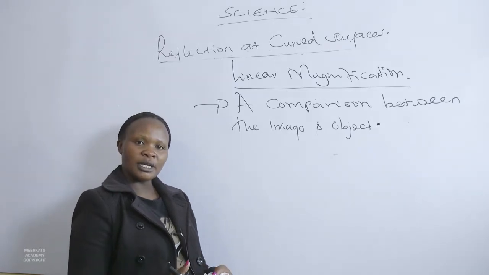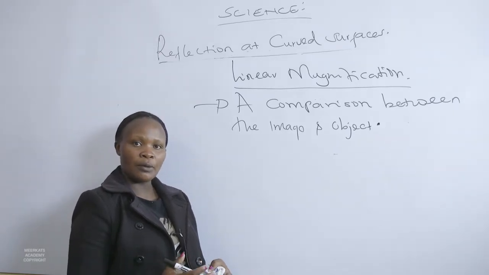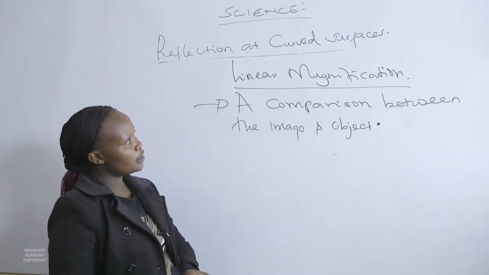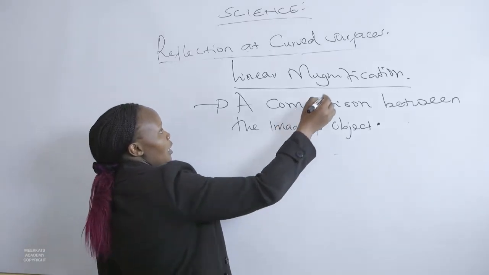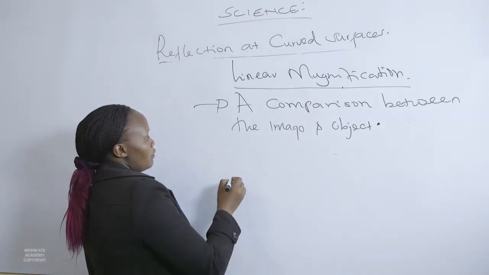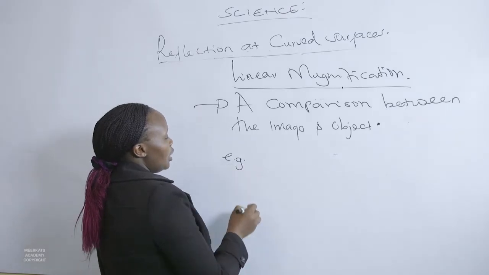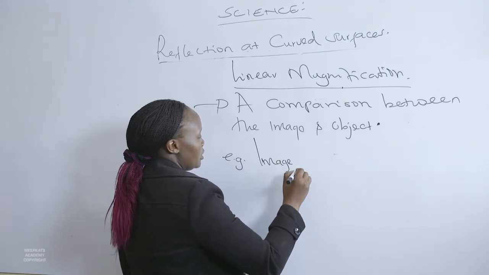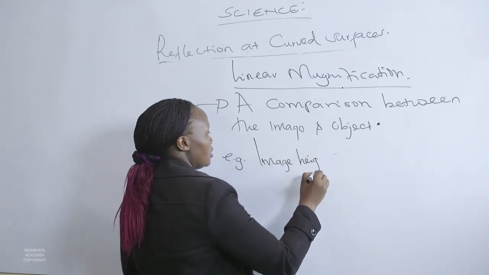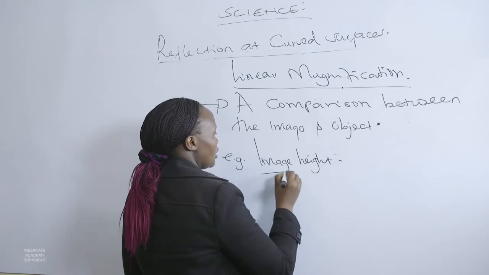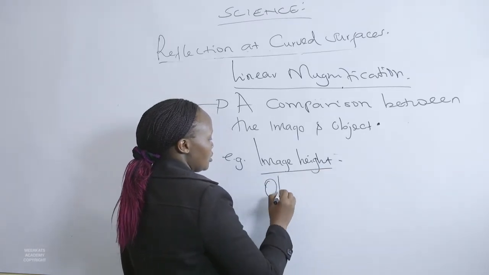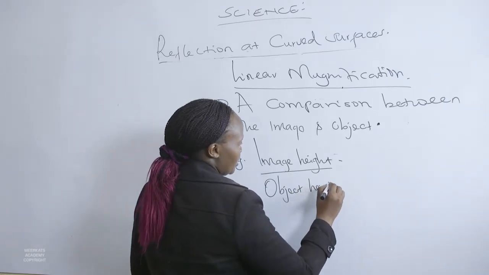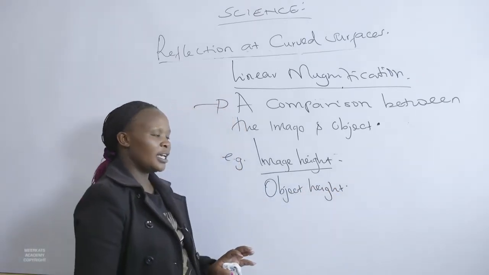Now, we want to compare a few aspects of our image relative to that of the object, and in that case, we talk about linear magnification. For example, we can consider image height, and we can divide this by object height.